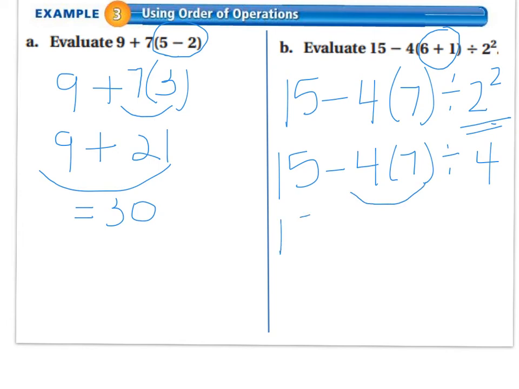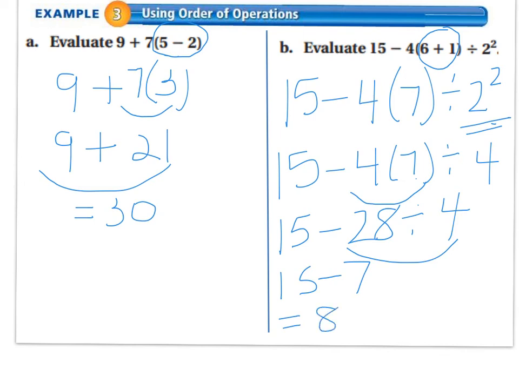Multiplication comes first, so I have 15 minus 4 times 7 is 28, divided by 4. Now I can do the division, which would give me 15 minus 28 divided by 4 is 7, and then ending with my subtraction, 15 minus 7 equals 8.